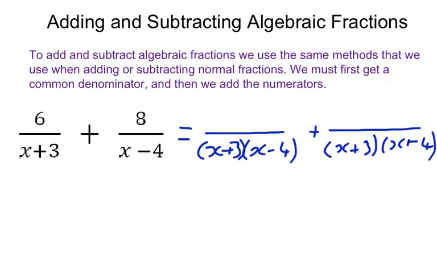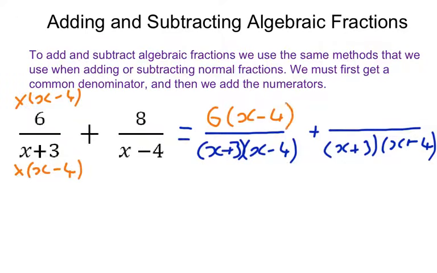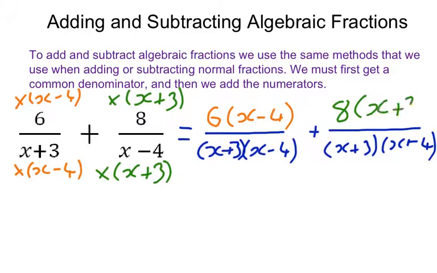For the first fraction we multiplied by x minus 4 on the bottom, so we have to multiply by x minus 4 on the top, which gives us 6 times x minus 4. And for the second fraction we multiplied by x plus 3 on the bottom, so we have to multiply by x plus 3 on the top, which gives us 8 times x plus 3.